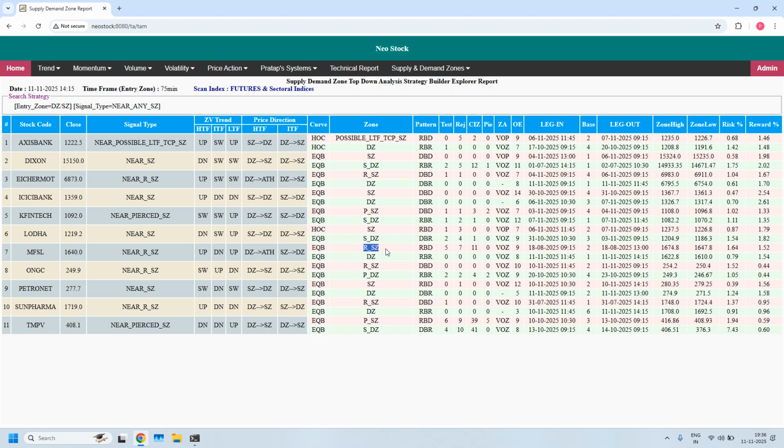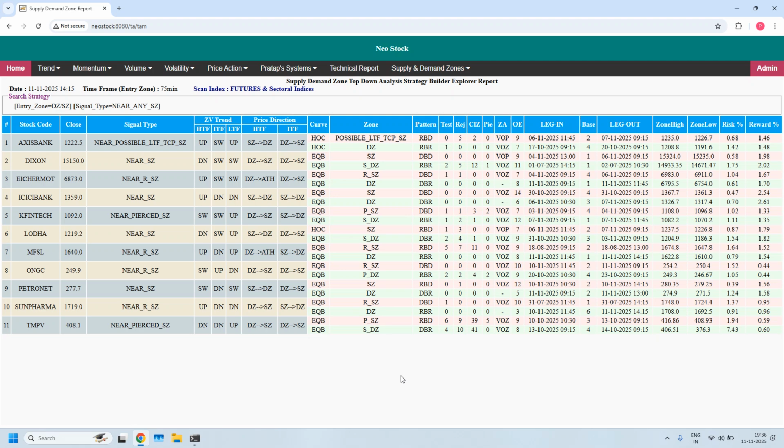MFSL is having a 75 minutes high liquidity supply zone. ONGC is having a 75 minutes high liquidity supply zone. Sun Pharma is having a 75 minutes high liquidity supply zone. So total we identified 4 75 minutes high liquidity supply zones from this list.